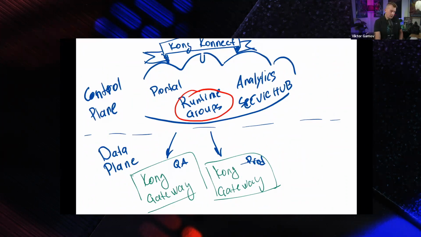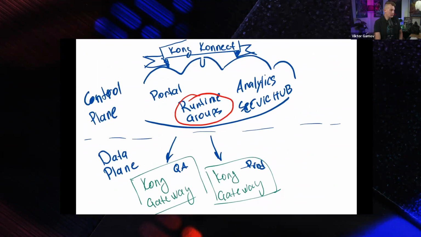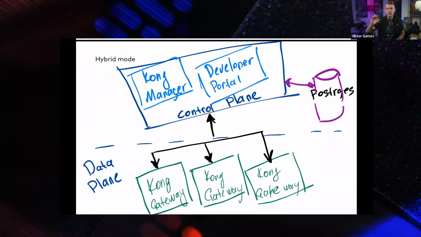Now let's dive into this demo. So I have a comment from Patrick to clarify. In hybrid mode, the data plane does not have a DB and must connect to the control plane. Absolutely right. So with hybrid mode, one of the processes that the Kong binary can take on is either data plane or control plane.